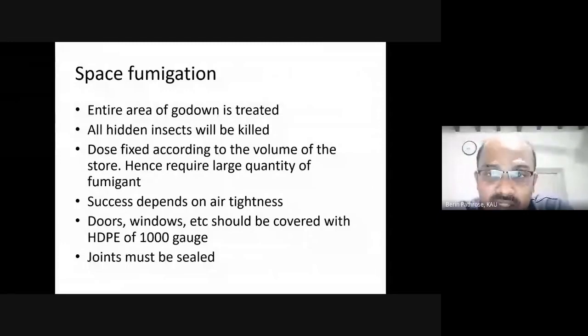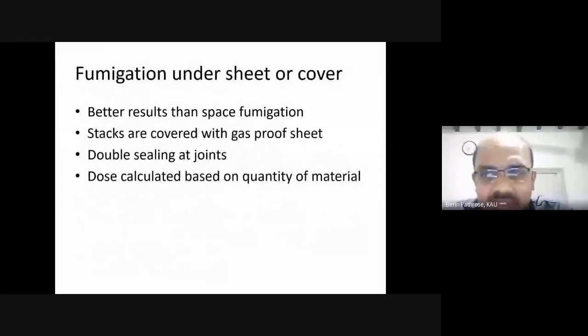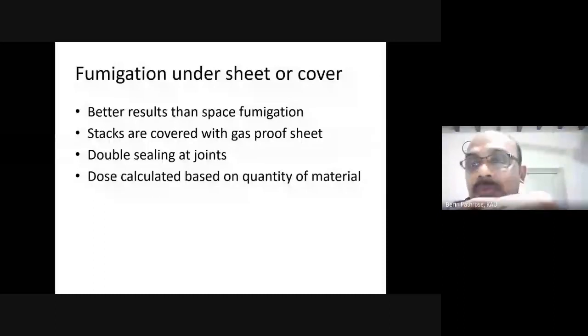Next, fumigation under sheet or cover. I will take the same example. In this room, I have 10 bags of grains. Limitation for fumigant: what I do is I fumigate only the 10 bags of grain, not the entire room.